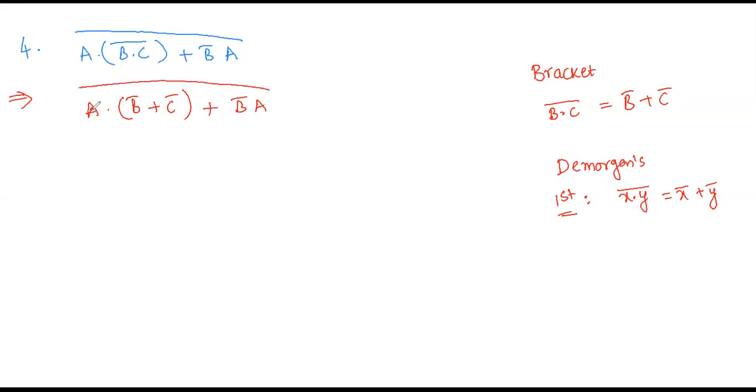Now do the expansion. Expansion is A into B bar plus A into C bar plus B bar A, completely with the bar present.